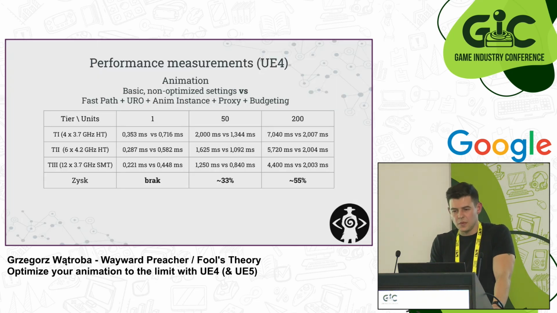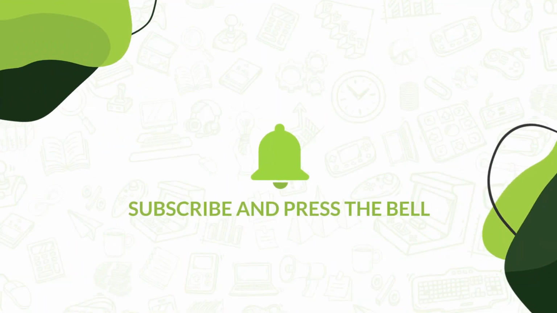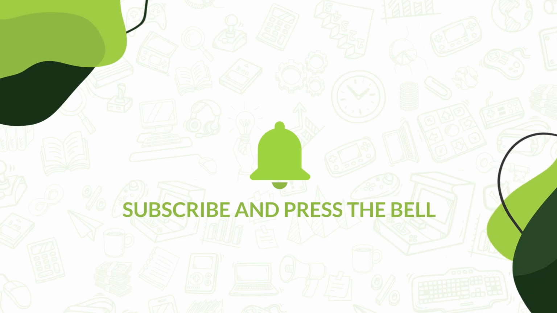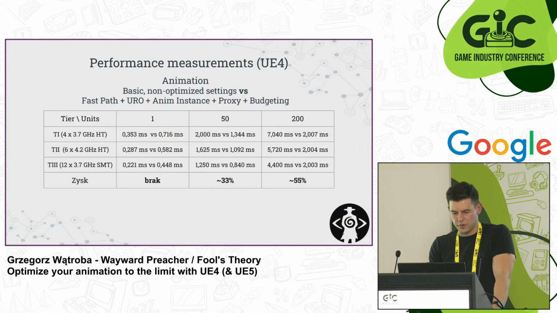So within animation, let's see our measurements. So this is for Unreal Engine 4, and again we can see that a single unit here doesn't. I forgot to change the language here. Okay, sorry. But in the last line, zysk means gain, and brak means no gain.